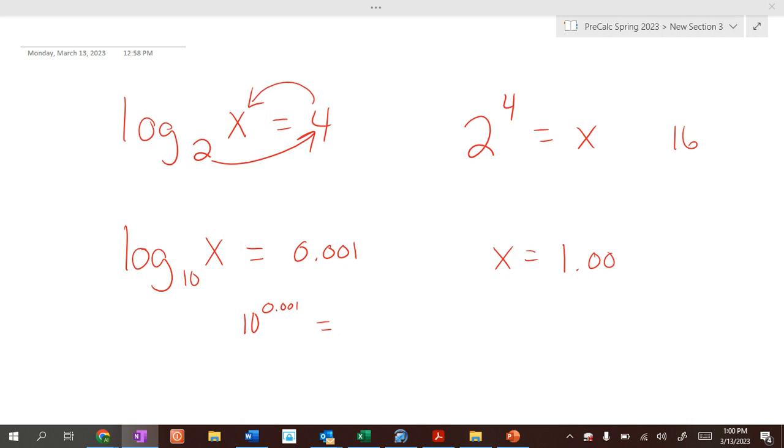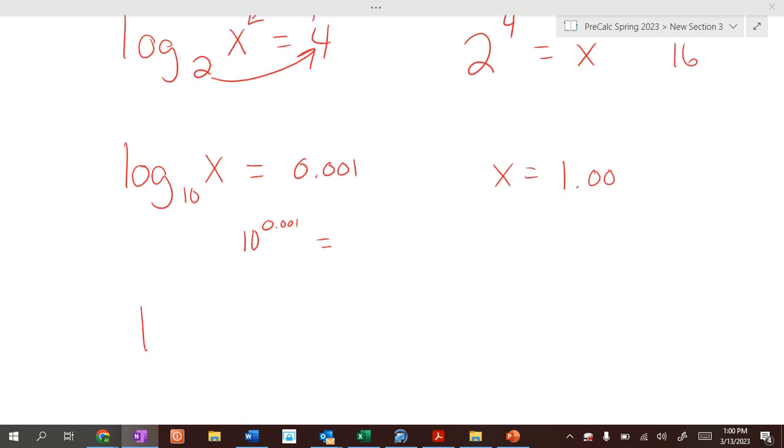Because it's such a small power. What I meant to write is that. I goofed up, but that's all right. So you just put an X there. If it's asking you what that is, just put an X over there. So 10 to the X equals 0.001. What is X?